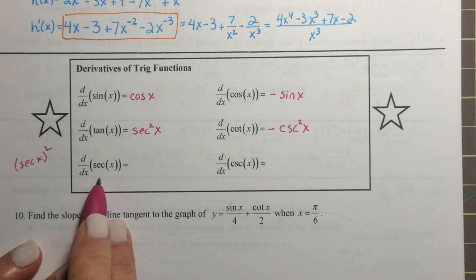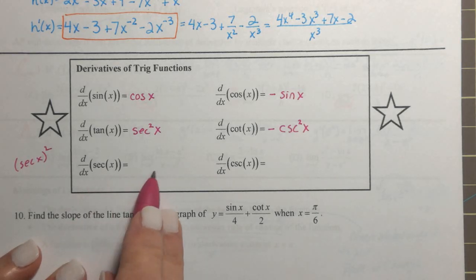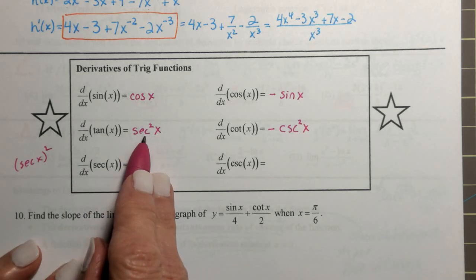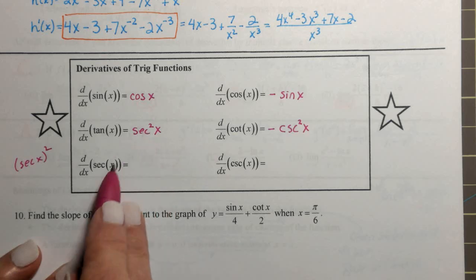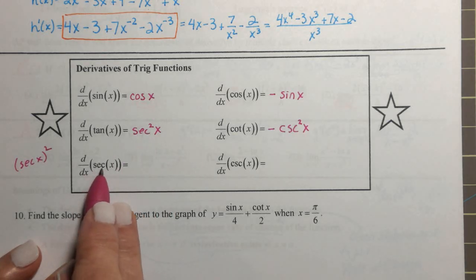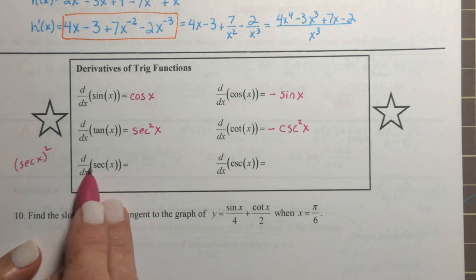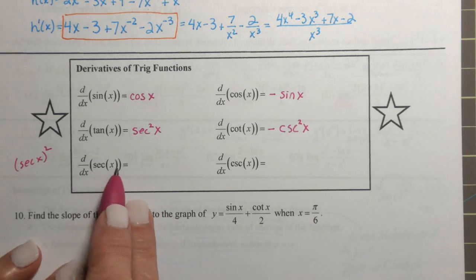The derivative of secant. Well, secant loves tangent. They always go together, so I know there's going to be a tangent here. But tangent likes secant so much that it wants two of them. Secant, not the case. Secant is self-centered, and it needs to come in here too. I always say secant is self-centered.